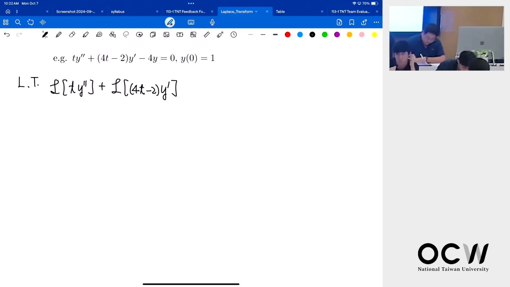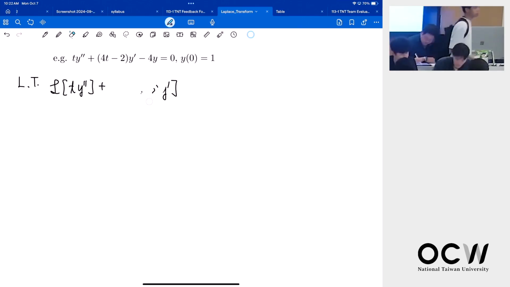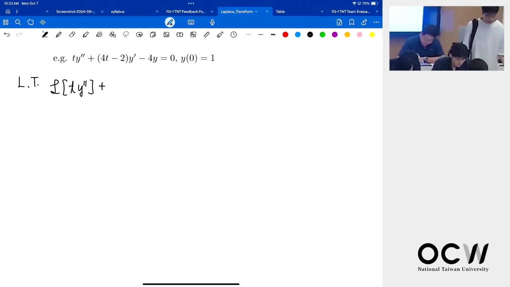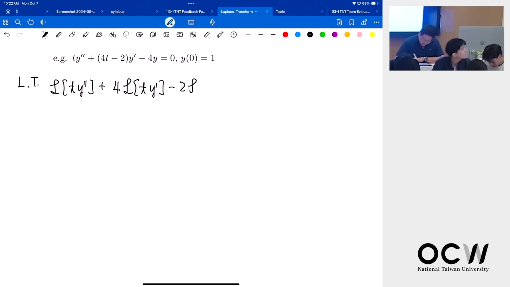We separate that. So here you can see I have the Laplace transform of, I can take 4 outside, 4 Laplace transform of t y prime, and then minus 2 Laplace transform y prime, and minus 4 Laplace transform y equals 0.